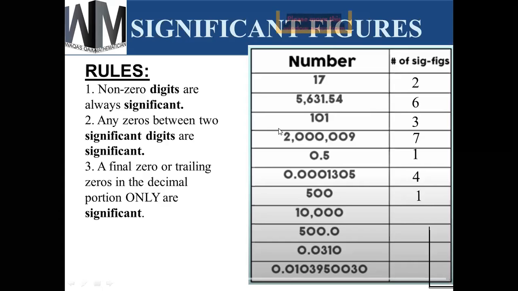Any confusion with this 500? Yes, in 500, 5 is the only significant figure, and the zeros will not be counted as significant figures.